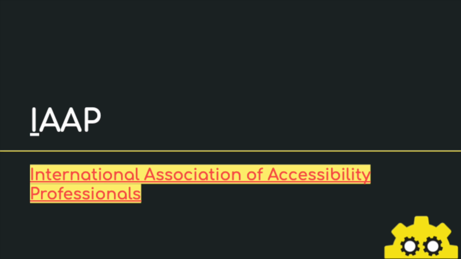So you can get your CPACC, you can get your WAS, and I can't remember the other. Those are different levels of accessibility certification. I have the CPACC, which is the Certified Professional in Accessibility Core Competencies. And it's nice because it requires you to learn stuff that's not just about web.